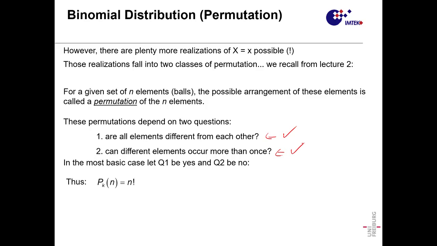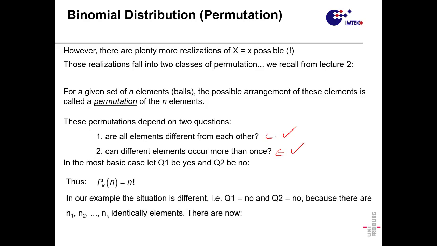In our case, the first question is no, because they are not different from each other. Because you have black and white, but you have n white and n minus x black, okay?